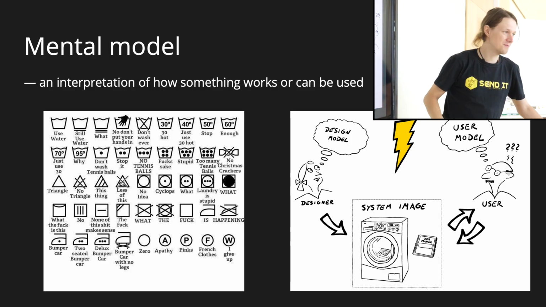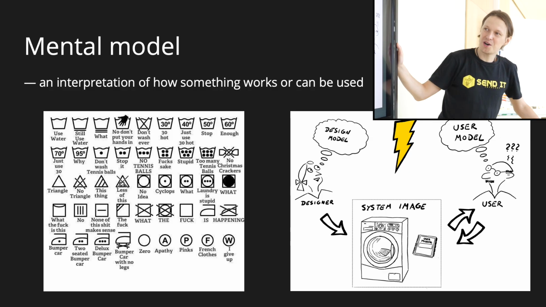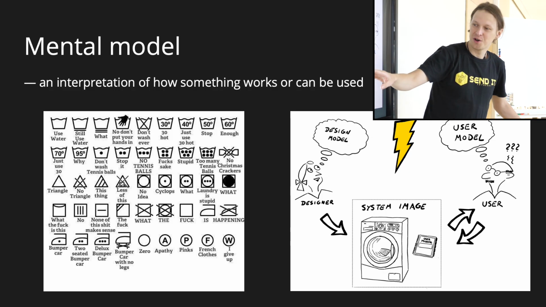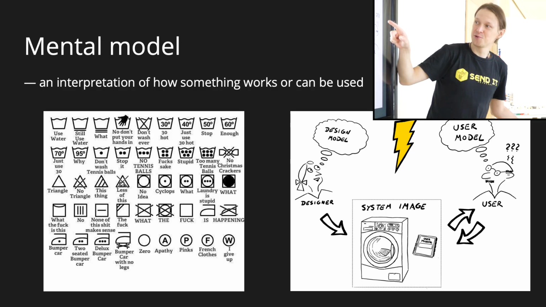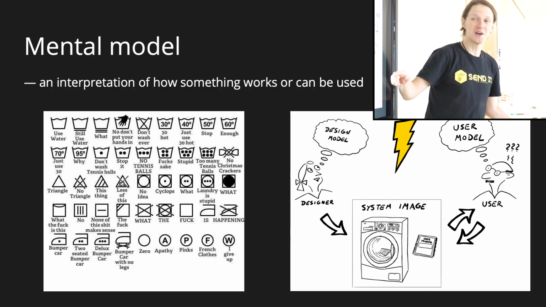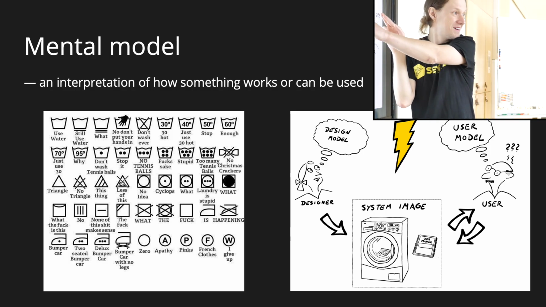It's a washing machine. So a designer has a mental model in her head of how this thing works, and the user has another mental model in his head of how this thing works. Those two can be very different, and they often are.